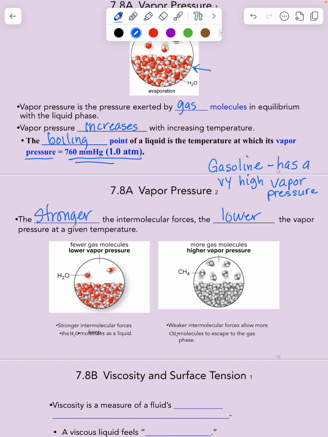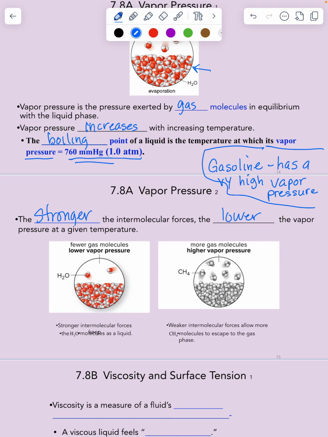That is because there are strong intermolecular forces and water has a low vapor pressure. So that can be confusing sometimes. If you'll just remember this idea of gasoline having a high vapor pressure, then you can maybe understand that other things are much lower. So that may help you with the difference between high and low vapor pressure. Just remember, high vapor pressure turns into a vapor very easily.